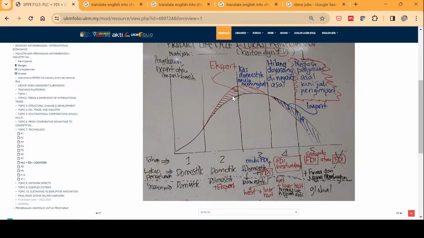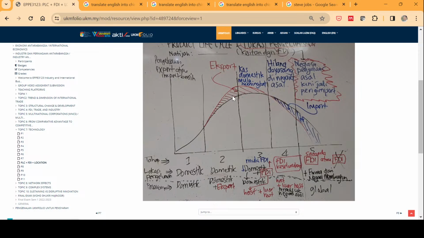And now, stage 4, that country, the USA, for example, in our story, has now lost competitiveness in the home country. And now, no more production. Notice the location of production: no more production in the home country, no more production in the US.